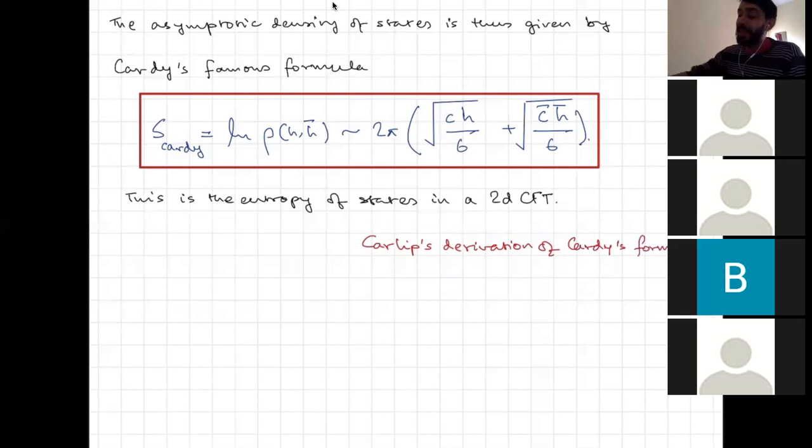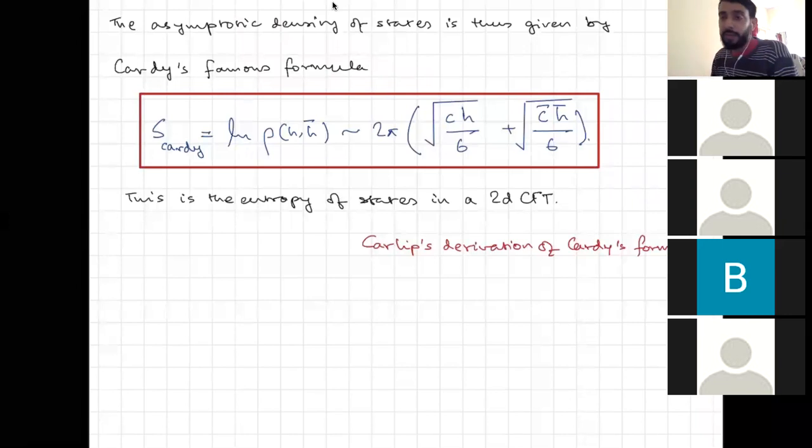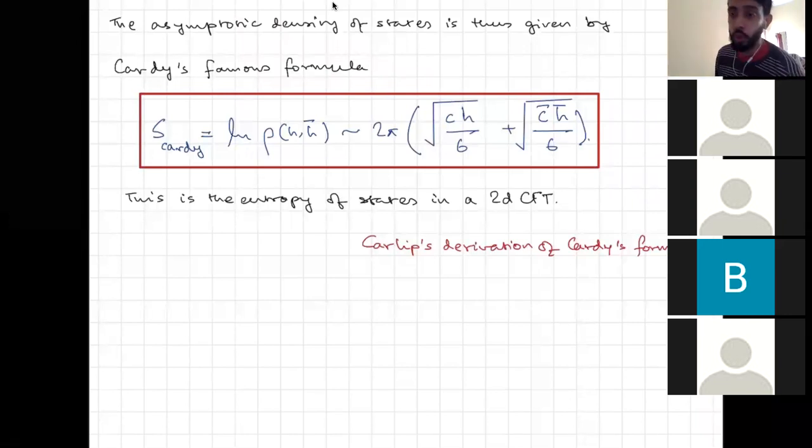Yeah, so it was initially thought that this particular thing is going to be true only for large charges, but it turns out that this particular thing seems to work in very many places where it should not work.